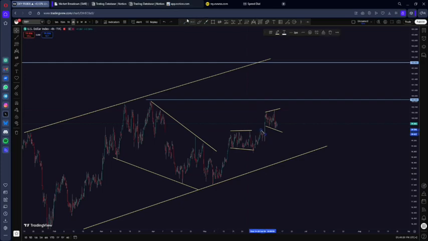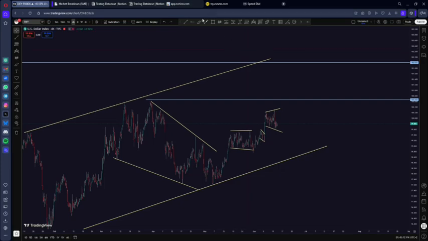After that correction we created a small impulse followed by a small correction, which is now turning out to be impulse, correction, impulse, small correction, impulse, a correction.